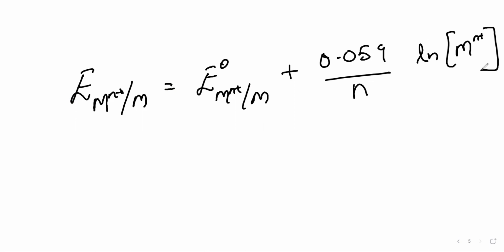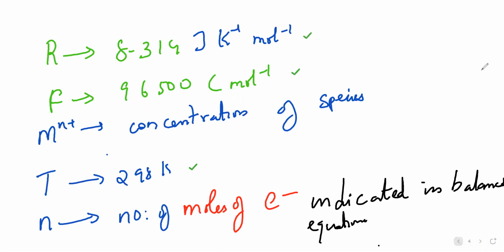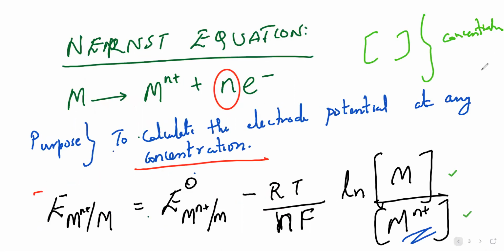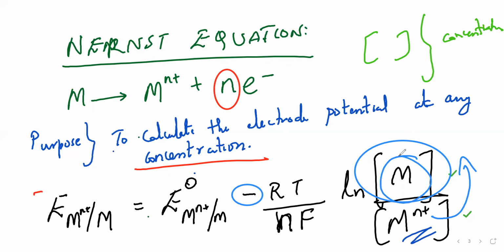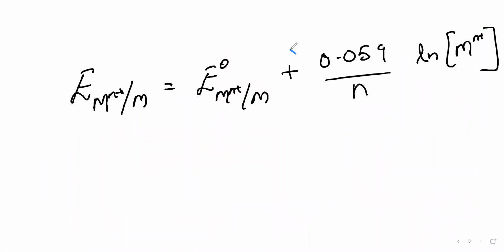So you can ask me a few doubts in this. One doubt is what happened to this M, and how did the minus become plus? The minus became plus in the sense that I took this Mn+ to the top, and the concentration of this metal is unity. So I directly substituted it here.